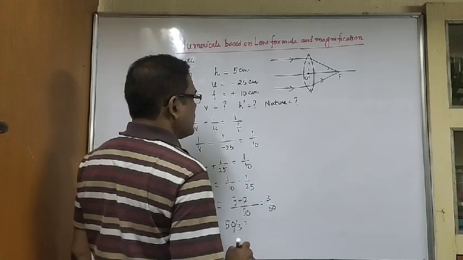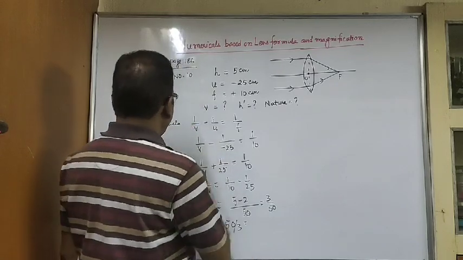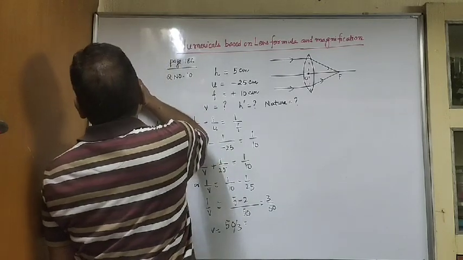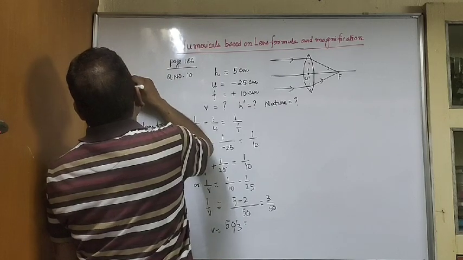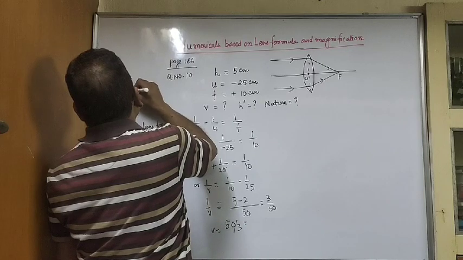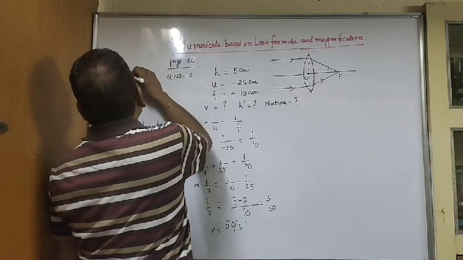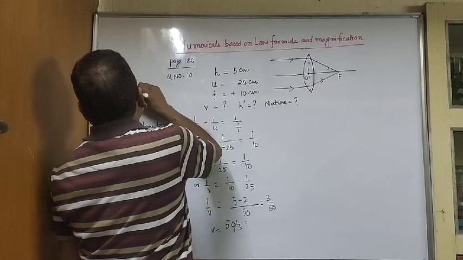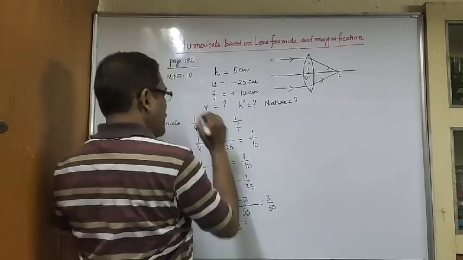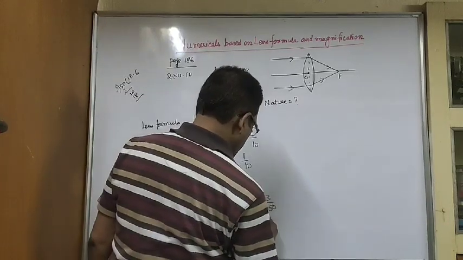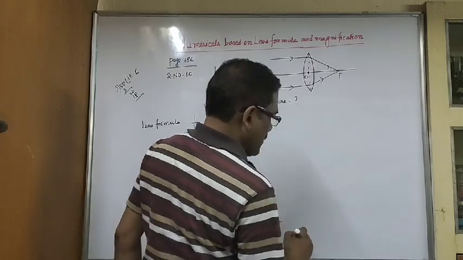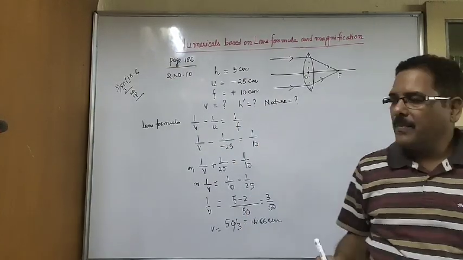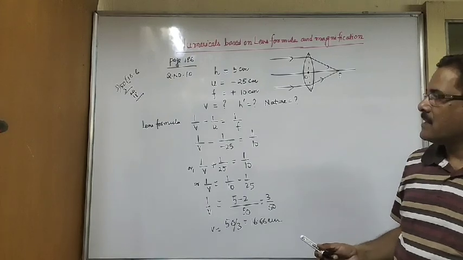So if you simplify 50 by 3, 16.66. This is the position of image from the lens.